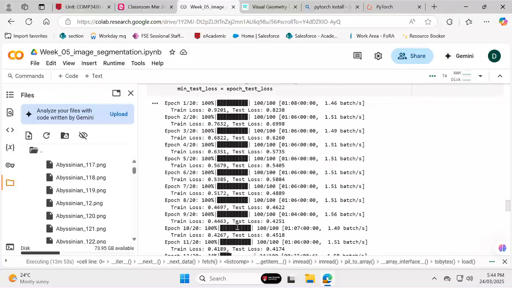So I did run this entire thing. Oh, you have a good GPU. Not really, I used Colab as well. Did you comment out this batch normalization?